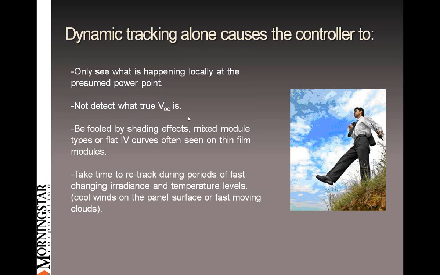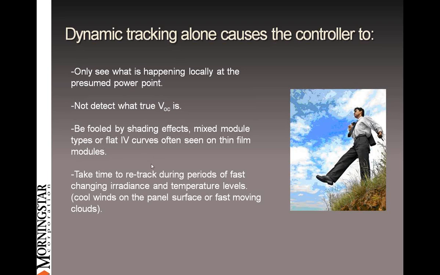That's important as well, because open circuit voltage is the highest voltage in the array. It could potentially be higher than the controller. You definitely want to stay under the 150 volt rating. And it's good to know what that value is, because it tells you what the operating point of your array is. We actually data log that value daily into the controller for several months. So we store that value. A lot of dynamic trackers never go past VMP, so they never know what VOC actually is.